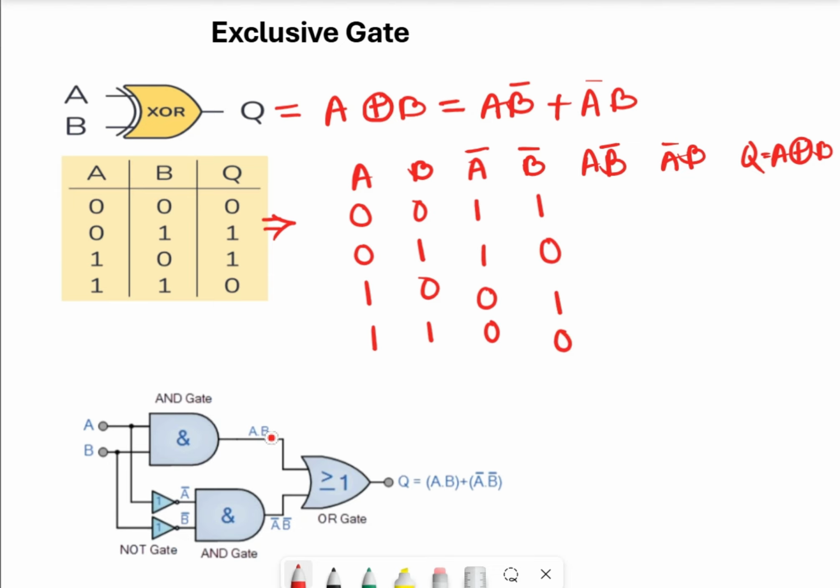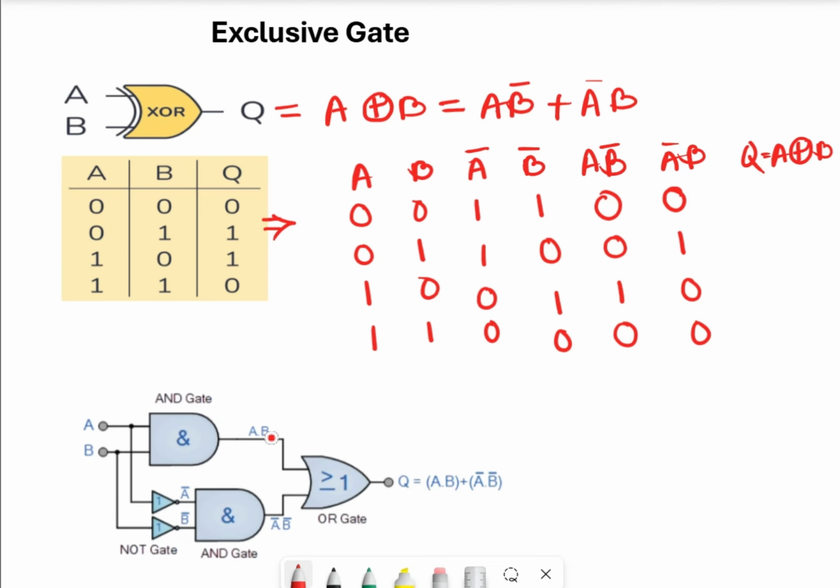So A B bar: 0 1 is 0, 0 0 is 0, 1 1 will be 1, and 1 0 will be 0. Same as A bar B: 0 1 1, the first one is 0, then 1 multiplied by 1 is 1, 0 0 is 0, and 1 0 is 0.